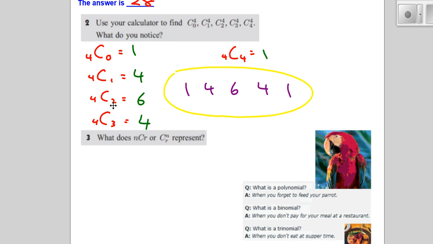That formula is what the calculator's doing. So that funny factorial formula actually manually calculates this. So the calculator's doing that for you when it does that. It's working out n factorial over r factorial times n minus r factorial. So in lesson 2 we're going to be doing that manually as well. So it's the values of the Pascal's triangle.